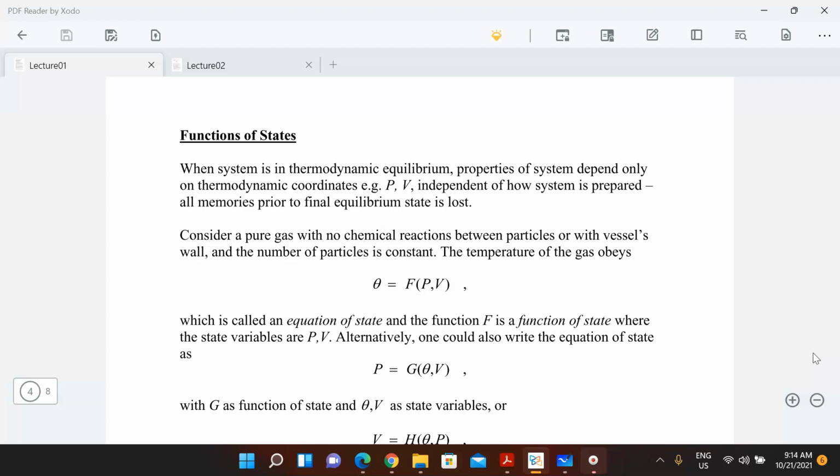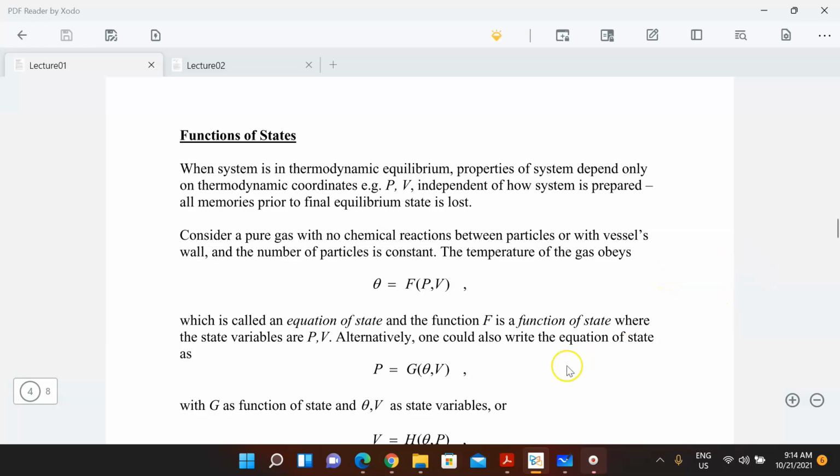But which one you write as the independent variables, or which one you write as the dependent variables, is really up to your choice. In this particular case, we write P and V as your independent thermodynamic variables, and your theta becomes dependent. But you could actually change them around.